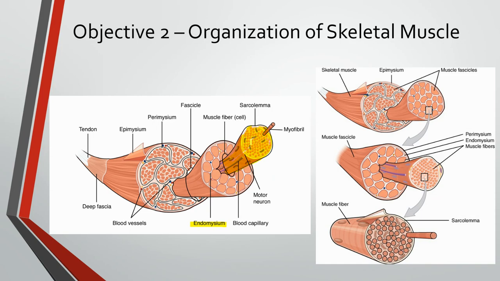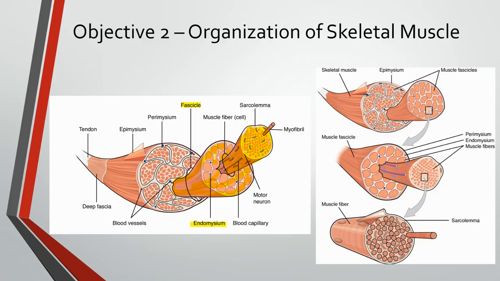Now there are many different muscle cells in a muscle, and they are organized into groups called a fascicle. You can see that this is one muscle fiber, that's a muscle fiber, that's a muscle fiber, so several muscle fibers are joined up to form a larger unit called a fascicle.